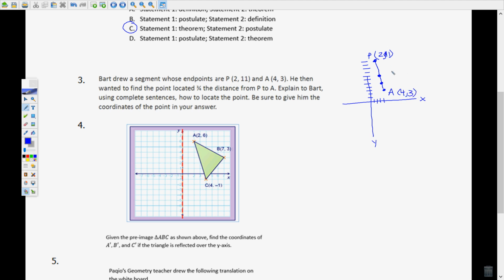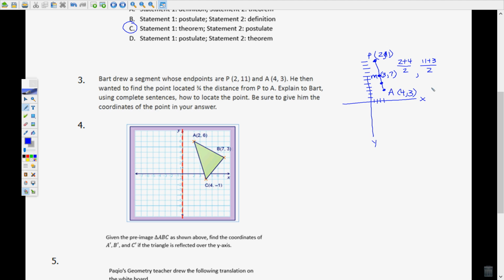The midpoint for your x's would be (2 + 4) divided by 2, and for your y's would be (11 + 3) divided by 2. So the first midpoint would be at 6 divided by 2 is 3, 14 divided by 2 is 7. So that first midpoint is at (3, 7).